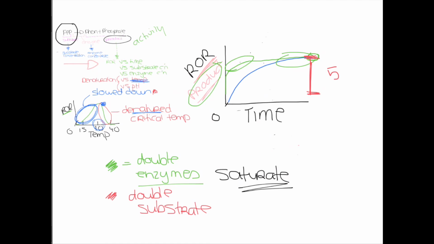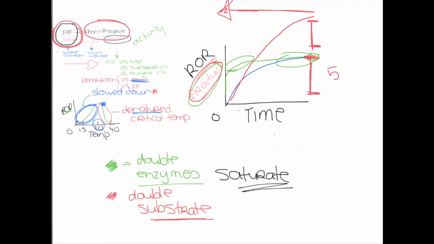That's the amount of product that I have. If I double the amount of substrate, I'm going to have double the amount of product. I haven't changed the enzyme concentration, so it might still happen at the same time, but in fact, I'm going to have double the amount of product.